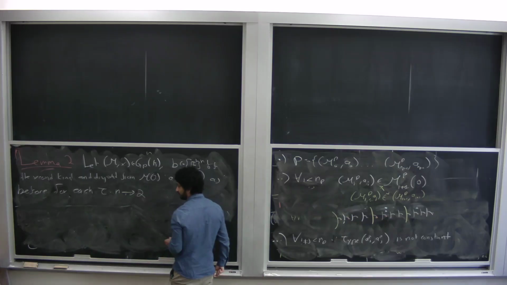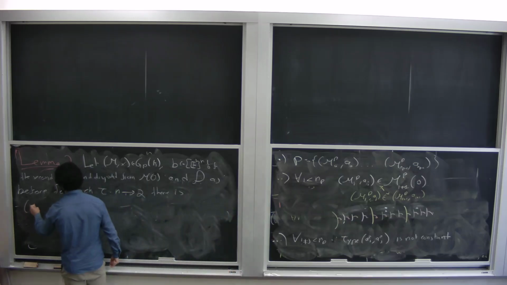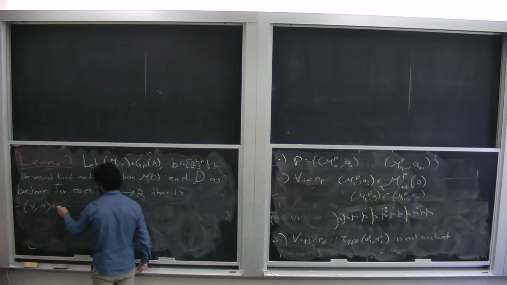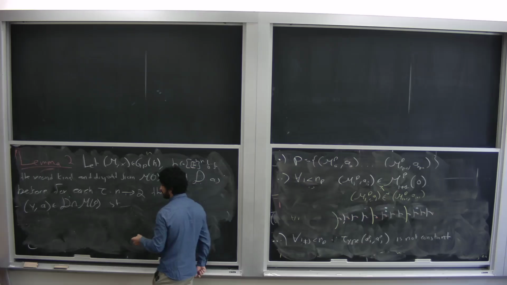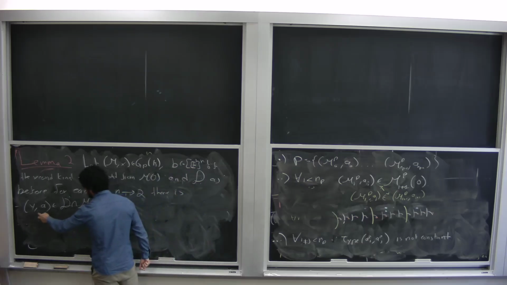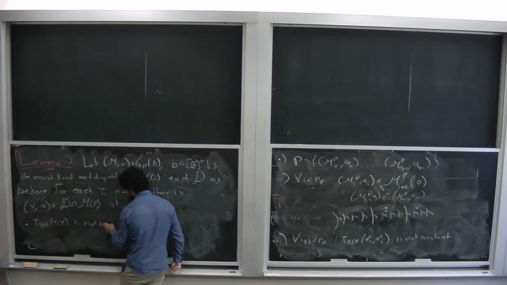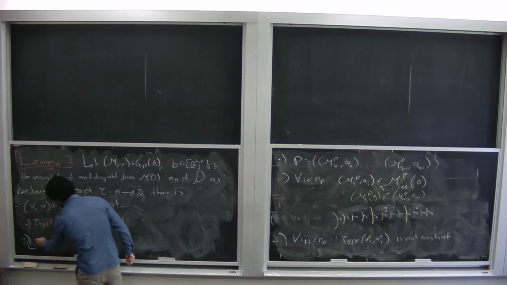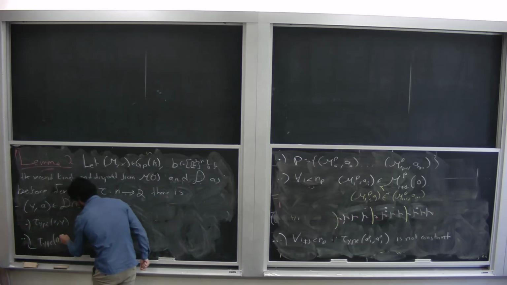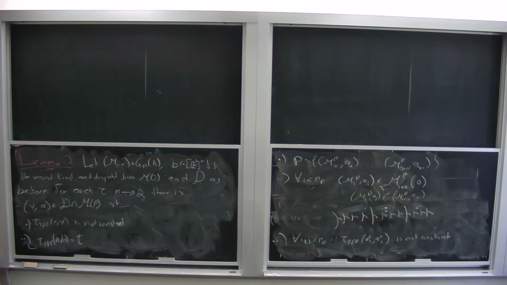So for each tau from n to 2, there is y in the intersection with M0 such that: one, the type of xy is not constant; and two, now you can assure that the type of AB equals tau.